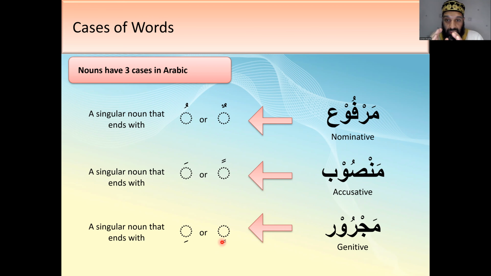And kitabun and kitaban and kitabin, they mean the same thing, a book, but they have different grammar. The grammar is different, but the literal meaning of the word is still the same. The case doesn't change the meaning of the word. The case just happens to comply with the rules of grammar. Okay?